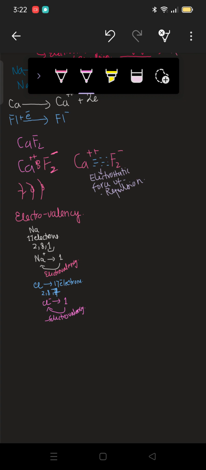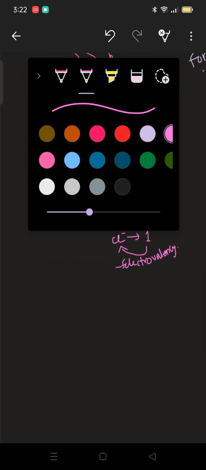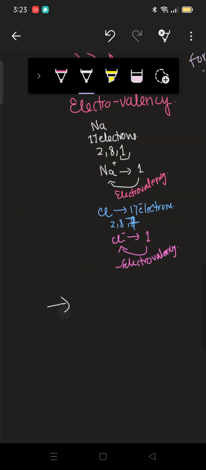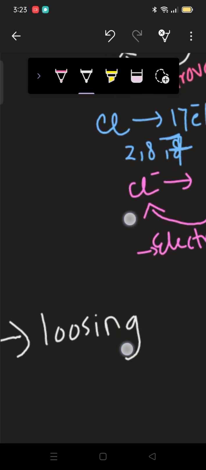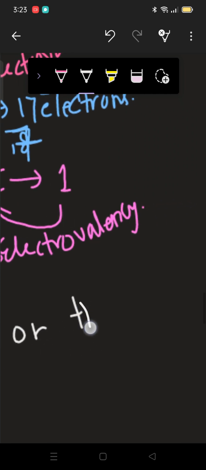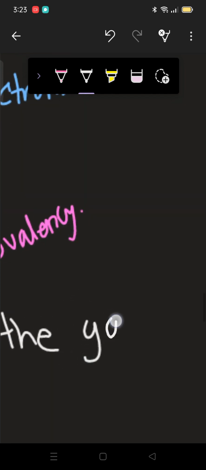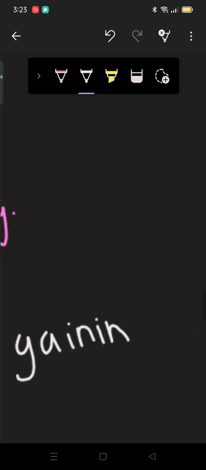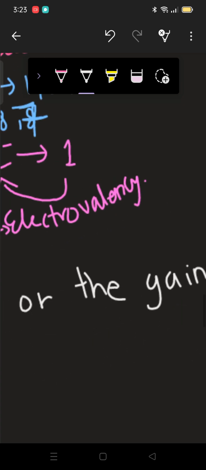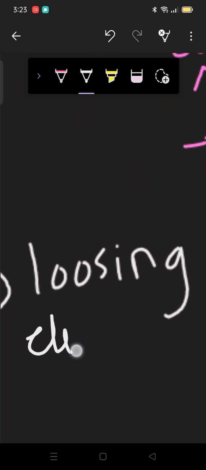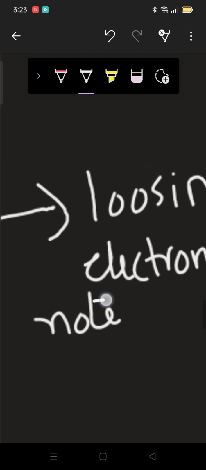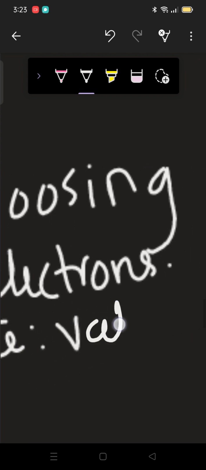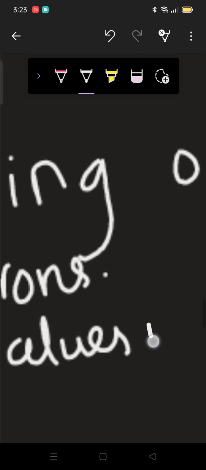So what is electrovalency? Now we can write the definition here. Electrovalency is basically the losing or the gaining of electrons, but note, all values would be taken in positive sign.